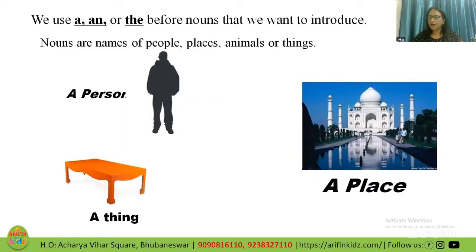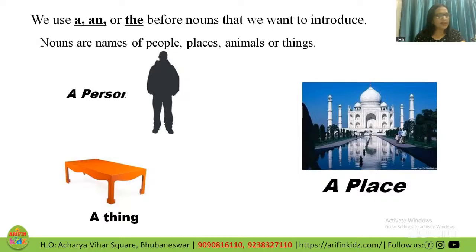You can see here, we can read: nouns are names of people, places, animals, or things. Okay, because I'm unable to see, as the laptop top is covered. You can see the pictures: a person, or thing, or place. Children, listen.